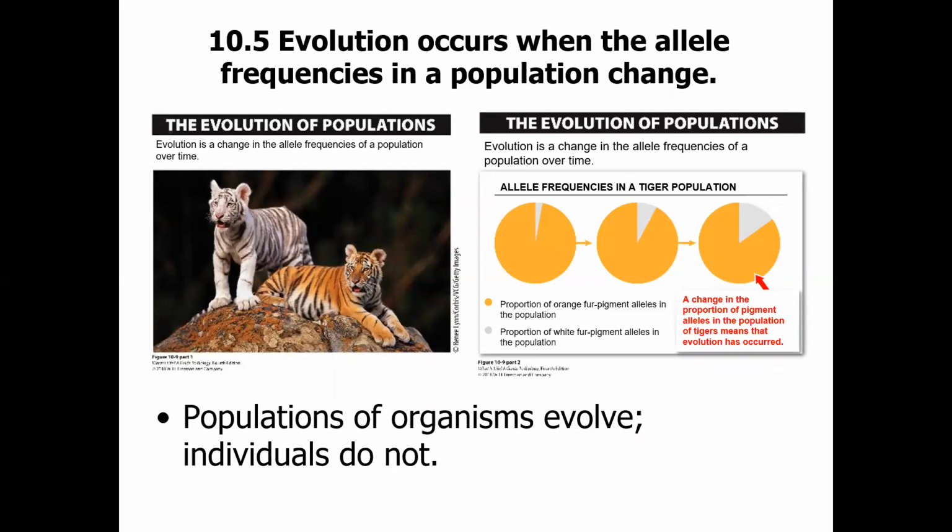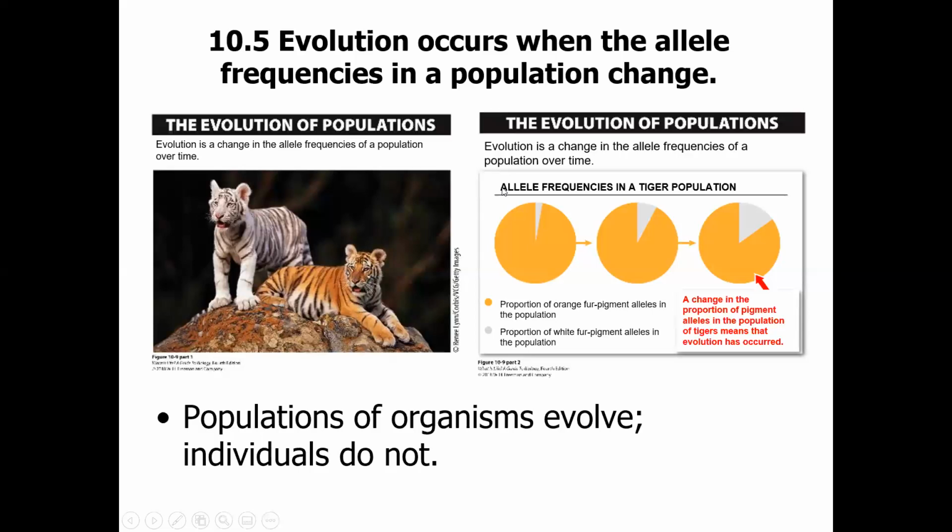Evolution is all about changing genetics or genetic characteristics. Another way of putting this is that the allele frequencies in a population change. For example, on the left we have this population of tigers. We have a recessive white tiger and a more dominant orange tiger.